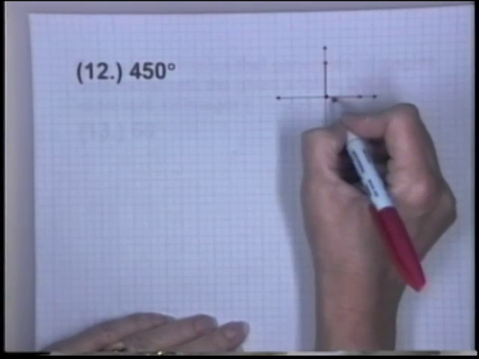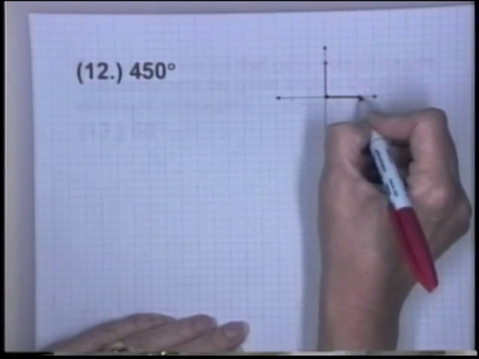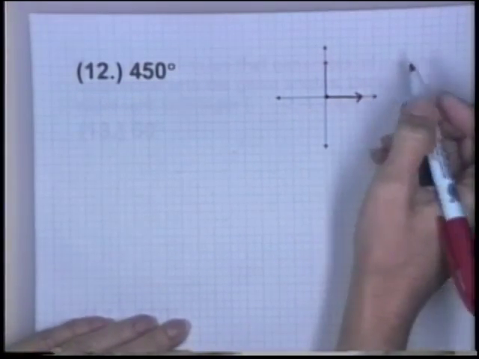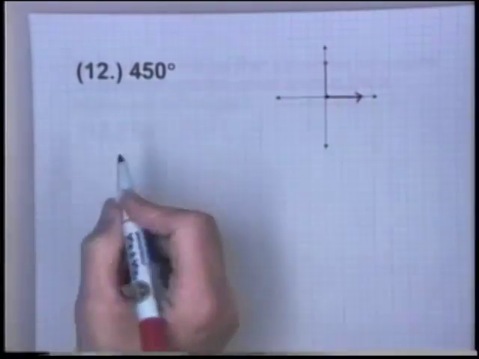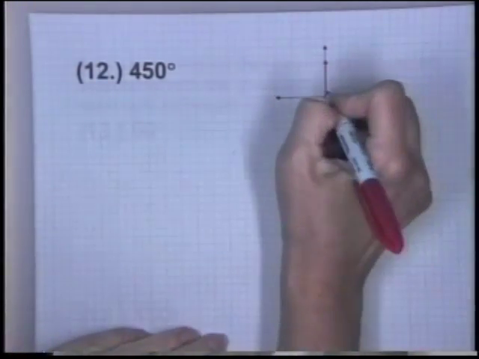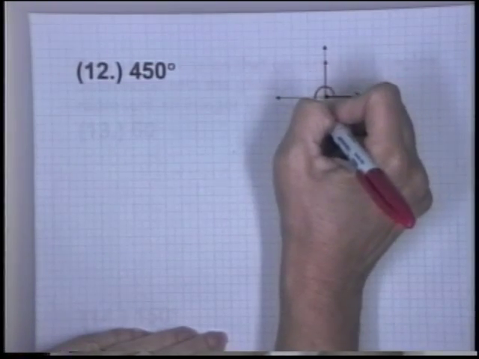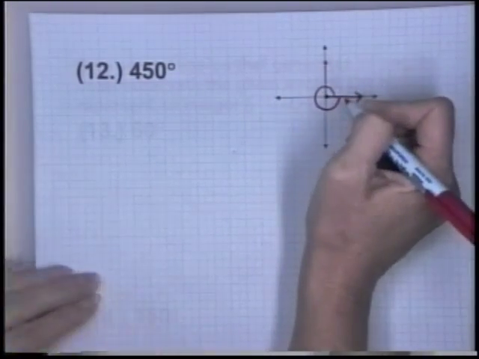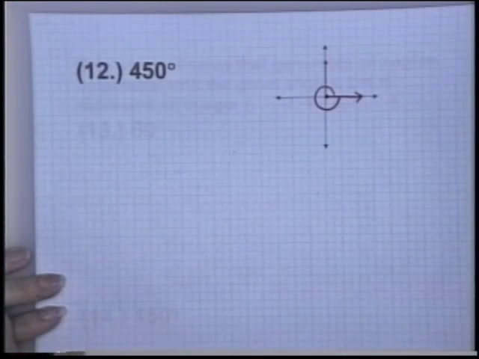Well, when we sketch that, initial side on positive x, for 450 degrees, that's larger than 360 degrees, isn't it? So we know we're going to have to rotate all the way around once would be 360, and then we need to figure out how much further we need to rotate that initial side.